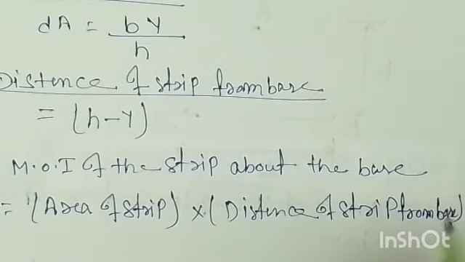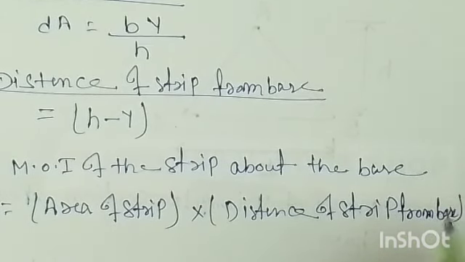So very fast you can go: moment of inertia of a triangular section about the centroidal axis, right? So we are going to find the moment of inertia of a triangular section about the centroidal axis.